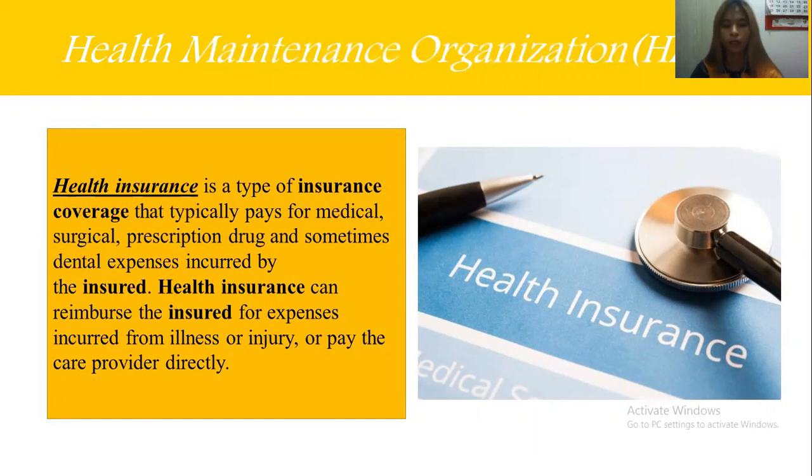the care provider directly. Health insurance covers the risk of a person incurring medical expenses, spreading the risk over numerous persons. It is estimating the overall risk of health expenses over the risk pool.